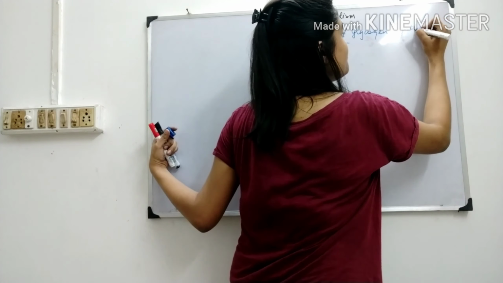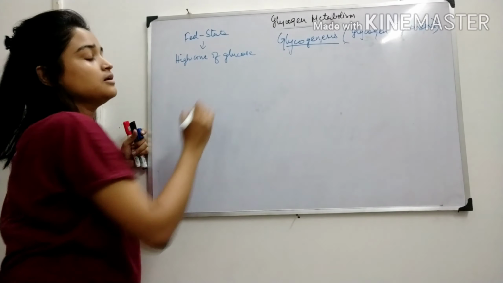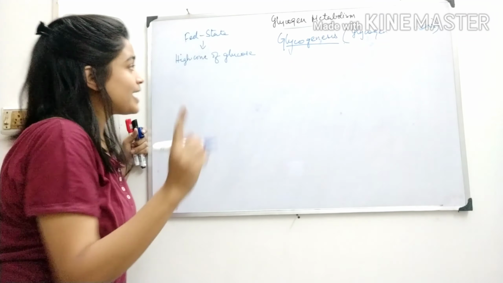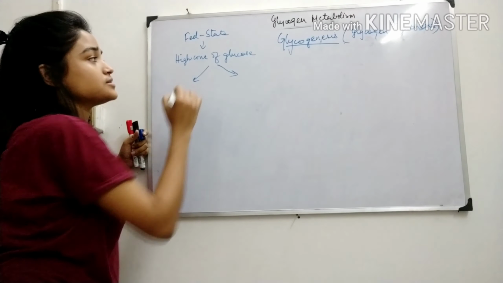When glucose level is high in concentration, at that time, the fed state leads to a high concentration of glucose, right? So it can lead to two processes.